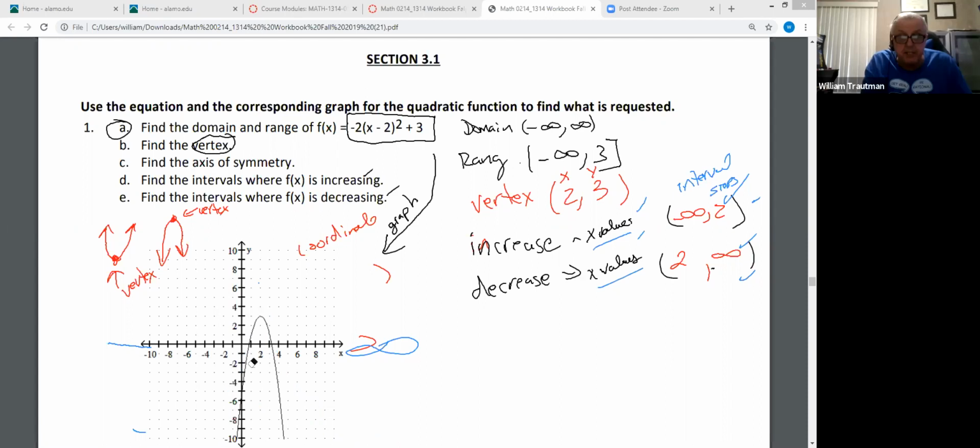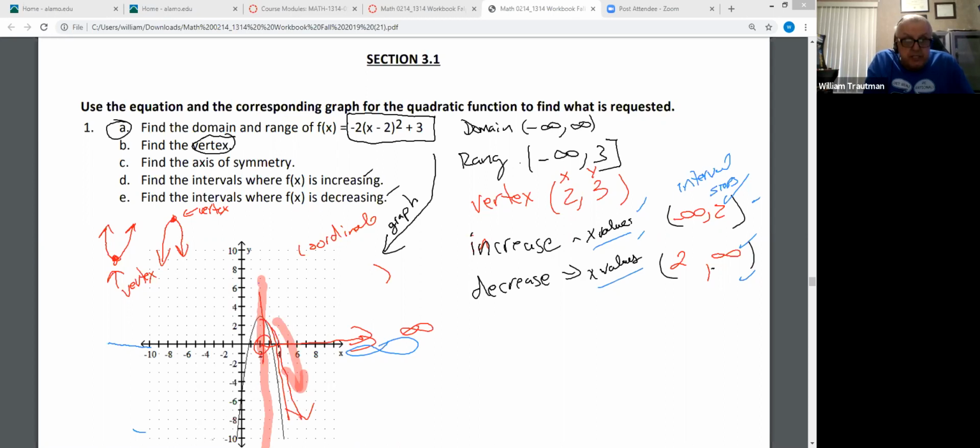That's it. What x values is it decreasing at? It's decreasing here from 2. So you see the x value of 2, and it's decreasing all the way to infinity.